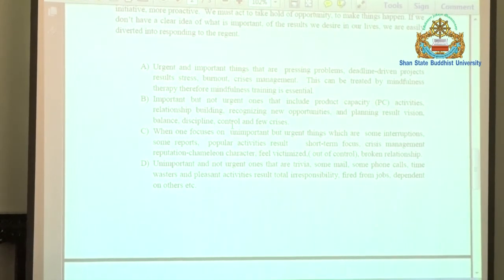It includes production capacity, ability, relationship building, recognizing new opportunities, planning, results, vision, balance, discipline, control, preventing crisis. If you understand what is important, you focus on it. If you focus on the urgent one but ignore the important, it is not good.